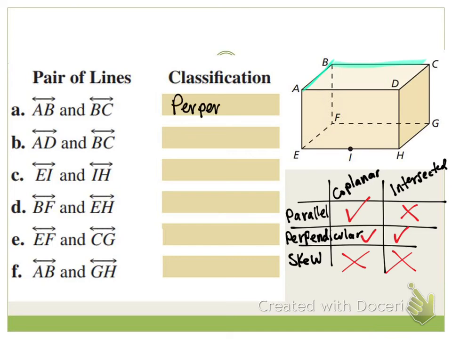Perpendicular. AD and BC, what do we think? Parallel. They're on the same plane. They will never intersect. EI and IH. Yeah, none of the above.